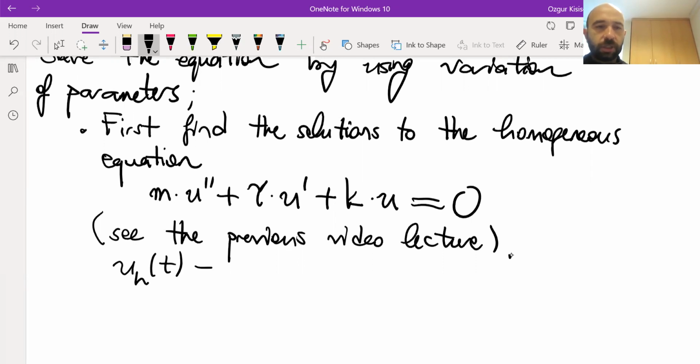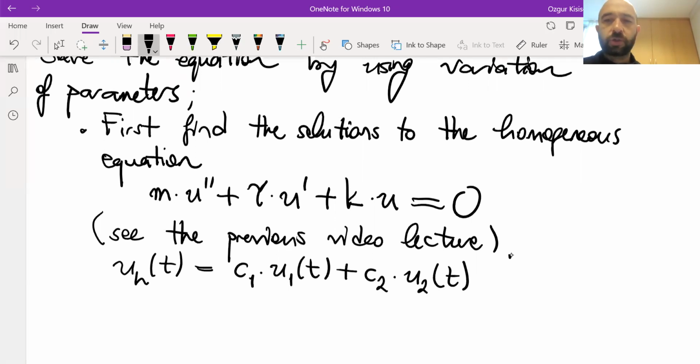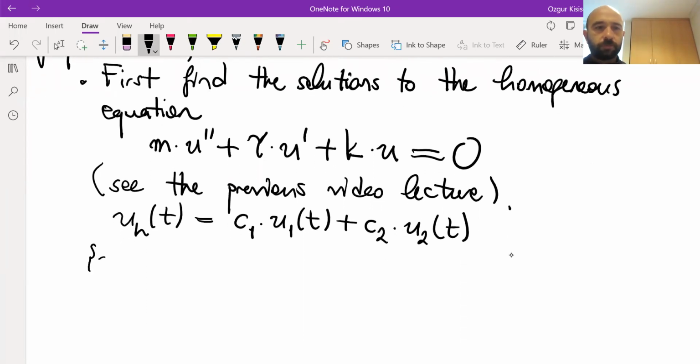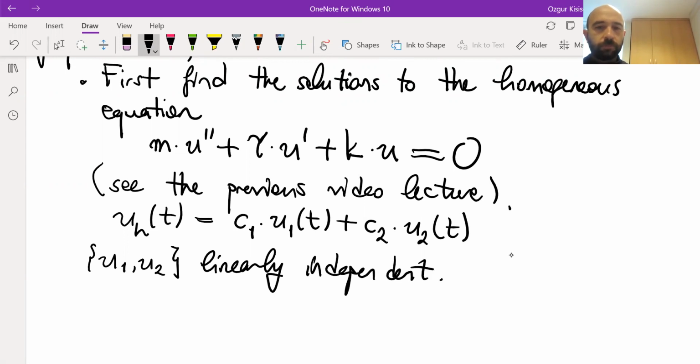Okay, but suppose you did that, and you got u_h of t equals C1 times u1 of t plus C2 times u2 of t. Since the equation is of order 2, you will always get 2 linearly independent solutions. Okay, this was the first step.